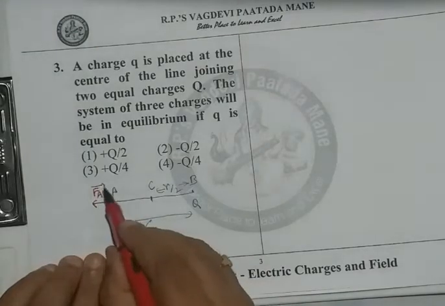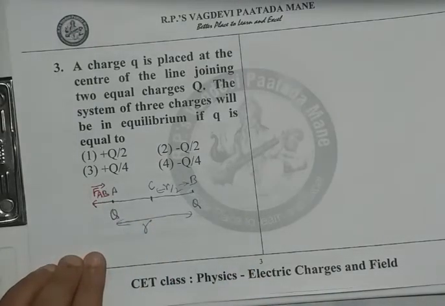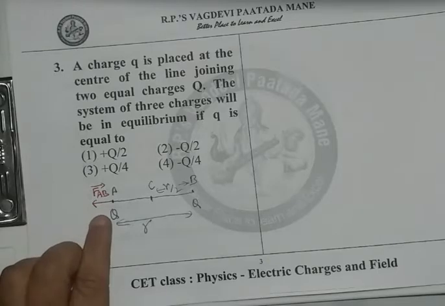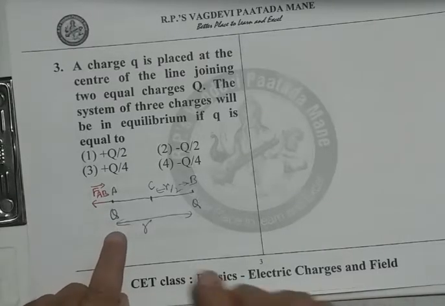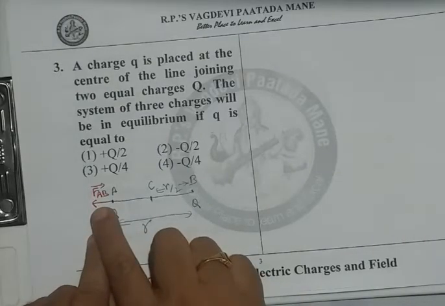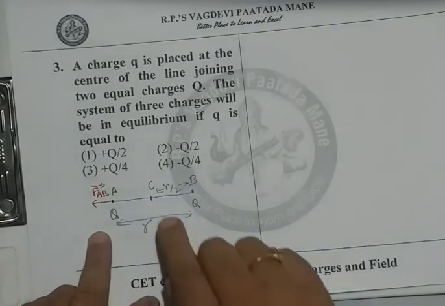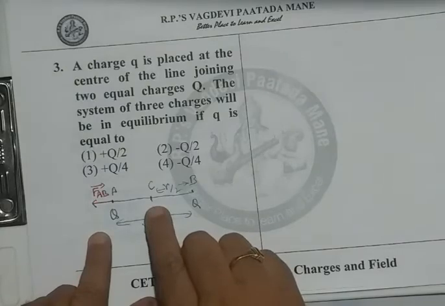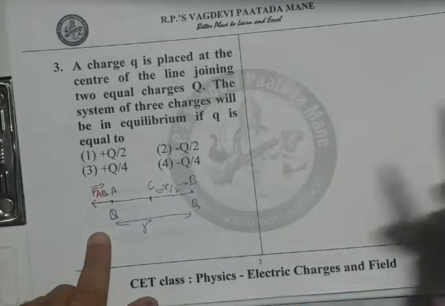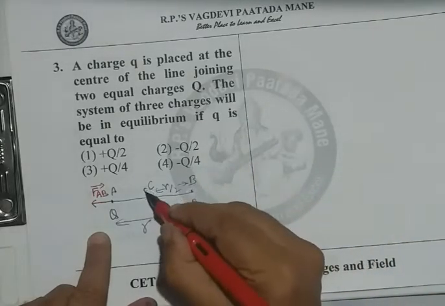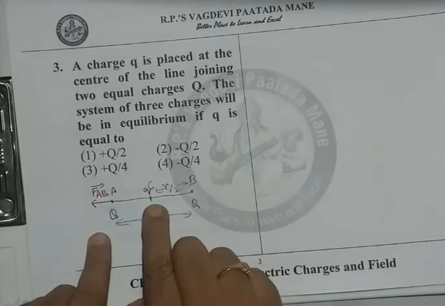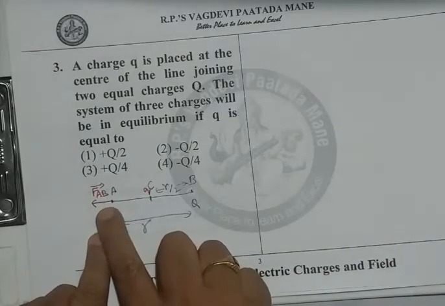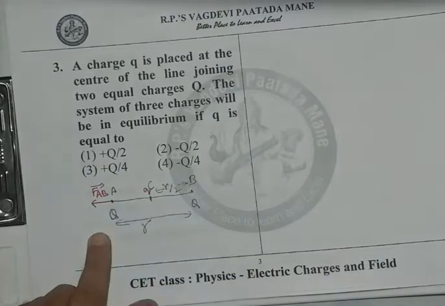It is also a vector. Now, to make the system attain equilibrium, this FAB should be cancelled by the charge going to be placed at C. That means this charge q, which we place at C, is going to create a force opposite to FAB and of the same magnitude.